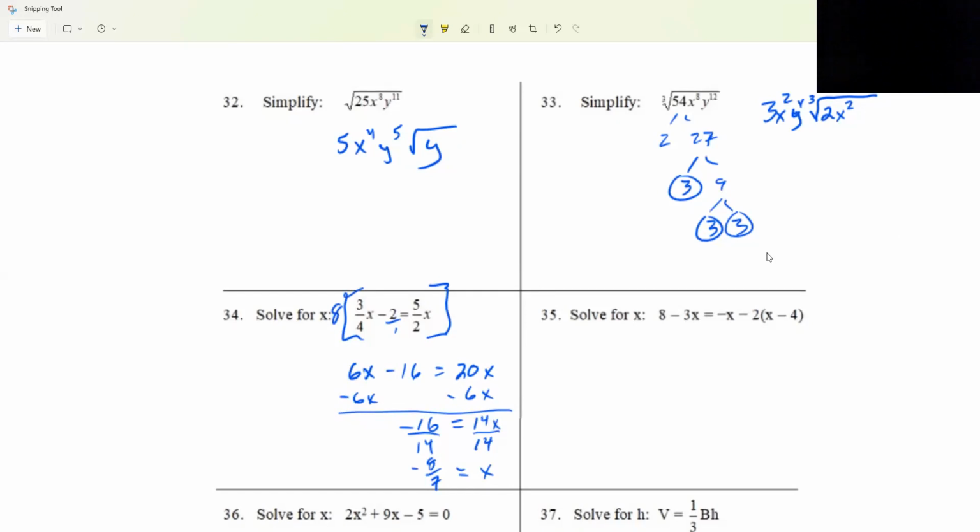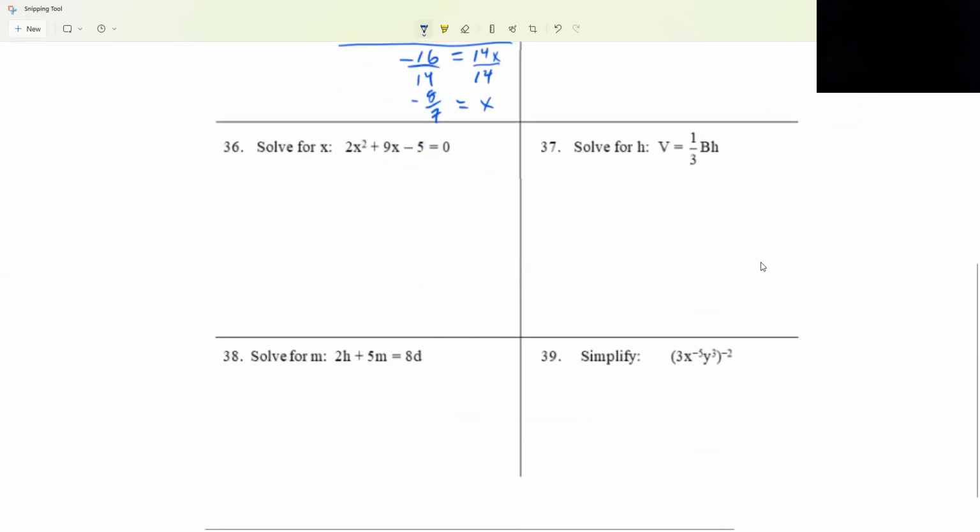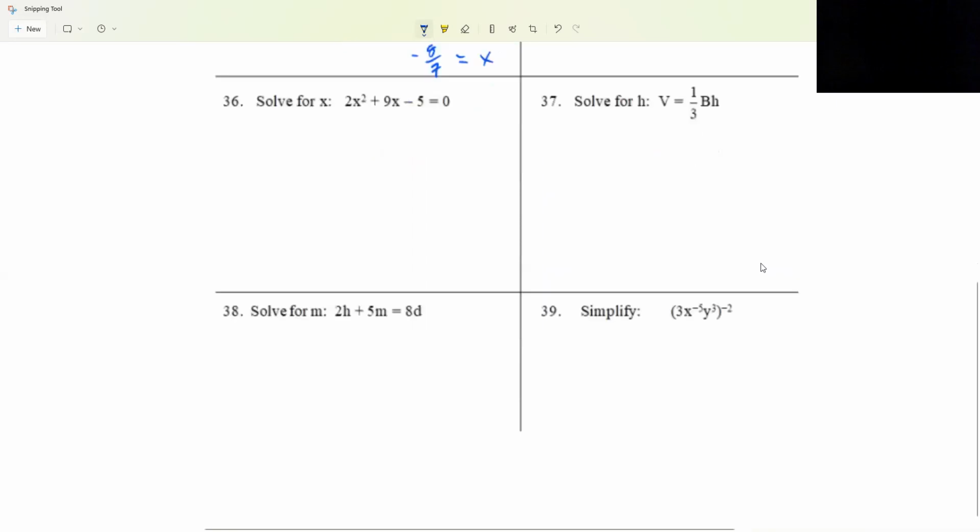35 is just another linear equation, and I've already done that. 36, this is a solve. This is a second degree polynomial, so you're going to have to factor it. It's already set to 0, so you can ignore the 0 and just factor it. When you AC it or whatever you're going to do, you're going to end up with 2x and x, and we're going to get 5 and 1.